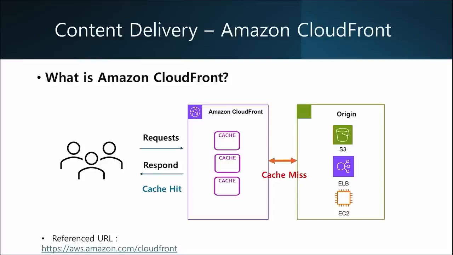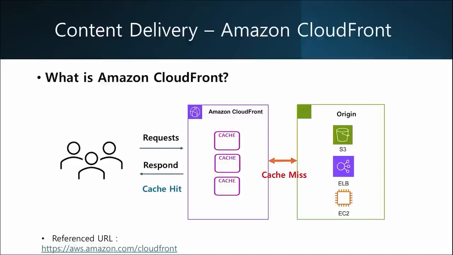First, when a user makes a request, CloudFront routes the user's request to the nearest edge location. This edge location is a geographically distributed data center. This edge location checks if the requested content is already cached. If this edge location is cached, it is called a cache hit. When the cache is hit, the response is sent directly to the user without requesting the origin server.